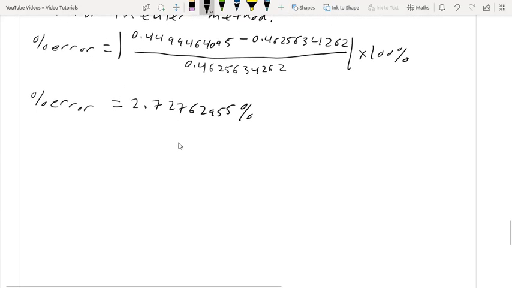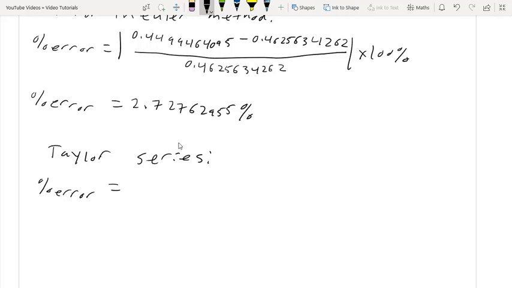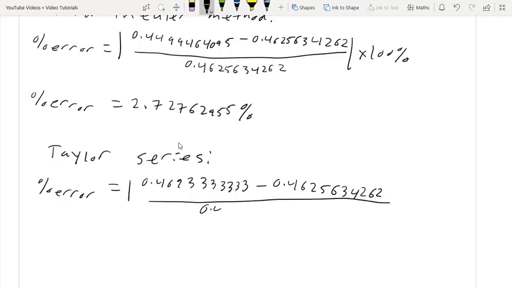So now let's check what our Taylor series estimate is. If we now do the Taylor series one, we're going to find that the percent error is going to equal 0.469333333, it's a full calculator display, minus 0.4625634262, divided by the same thing again, times 100%.